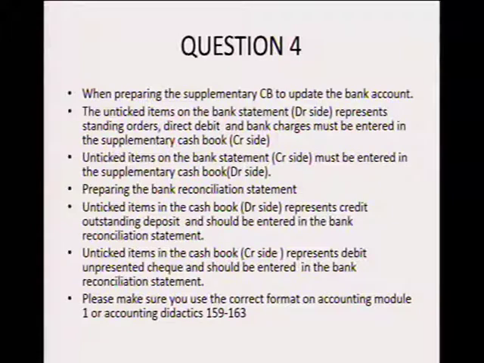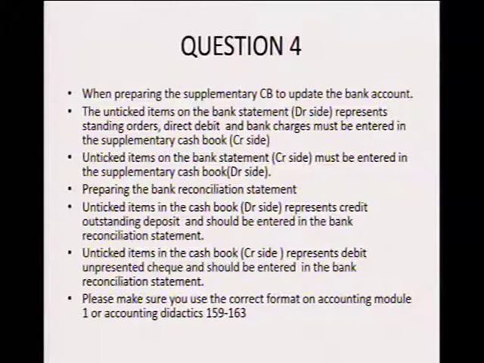All the unticked items on the bank statement on the credit side must be entered in the supplementary cash book on the debit side. And then you balance off. Now coming to preparing a bank reconciliation statement, all the unticked items on the cash book debit side represent the credit outstanding deposit, and must be entered on the bank reconciliation statement.